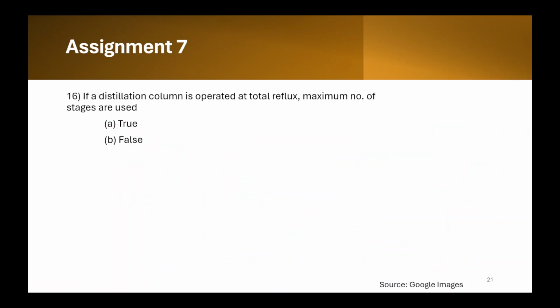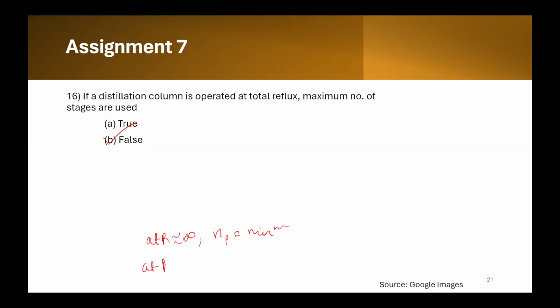So the correct answer here is, if a distillation column is operated at total reflux, maximum number of stages are used. This is a false statement. It should actually be, at R equal to infinity, the number of plates is equal to minimum.